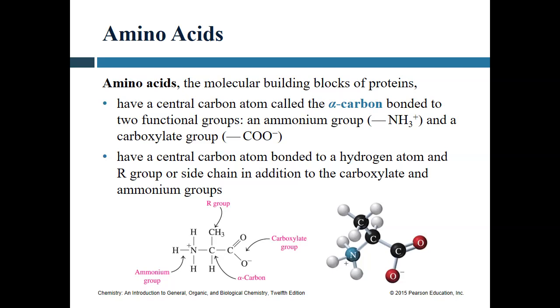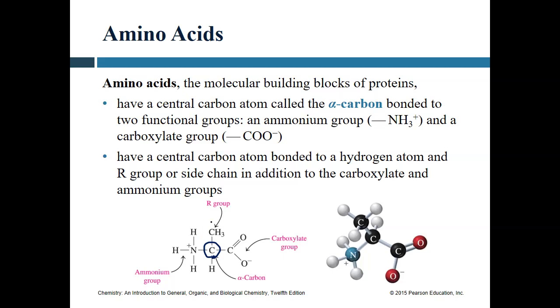So every single amino acid has those three components, and they're usually shown as kind of a chain of sorts, where here we've got the alpha carbon in the middle, we've got the acid group on the one side, we've got the amino group on the other, and then this hydrogen is always there.